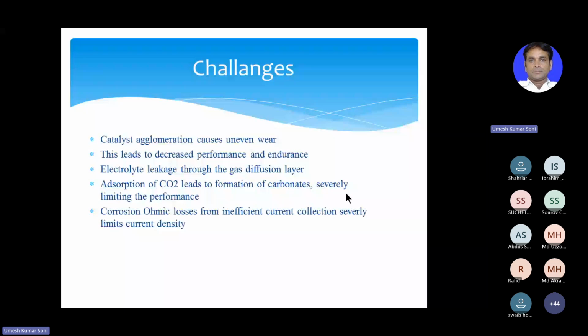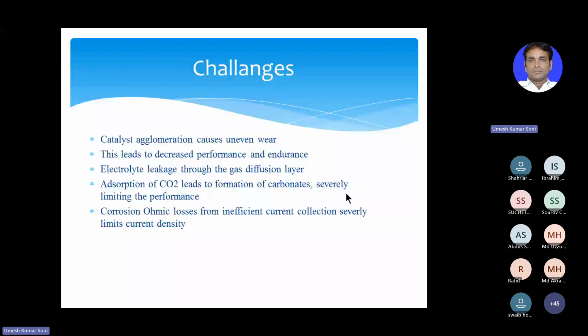Porous electrodes provide a path for the diffusion of gases, so in this porous path the electrolytes will also leak. Leaking of the electrolytes will decrease the performance, because every time we will need to top up the electrolyte and discharge the spilled electrolyte to the outside.